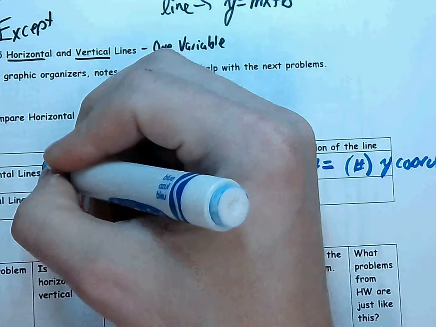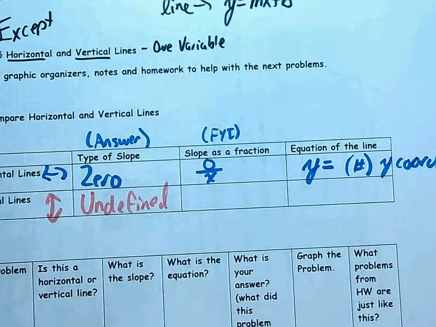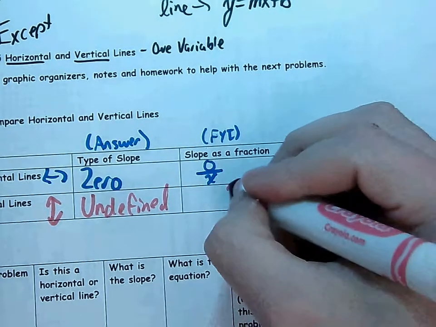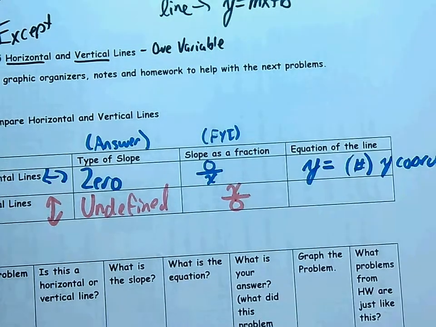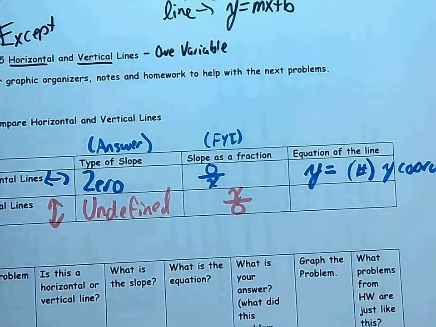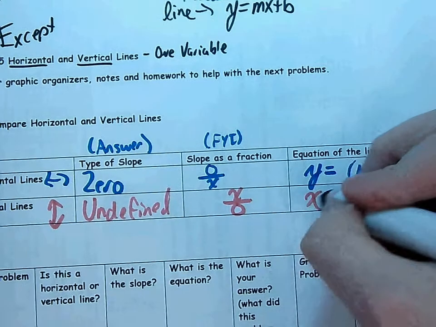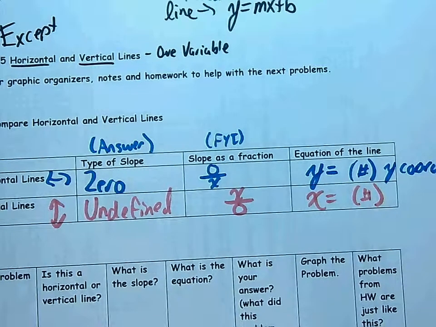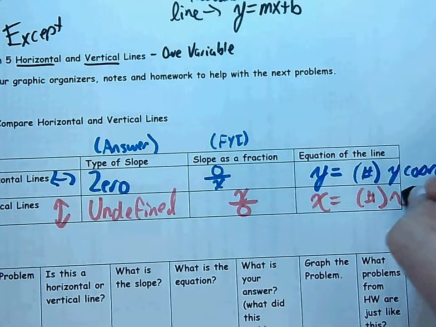And what's that going to look like as a fraction? Nice. X over 0, any number over 0. And what's the equation of that line going to be? X equals some number. It's not going to be a letter, and that's going to be my x coordinate.